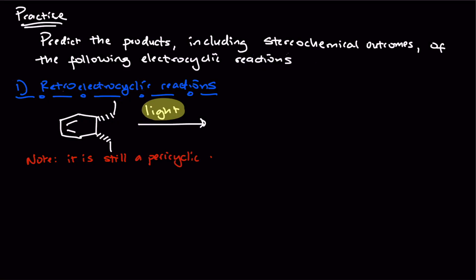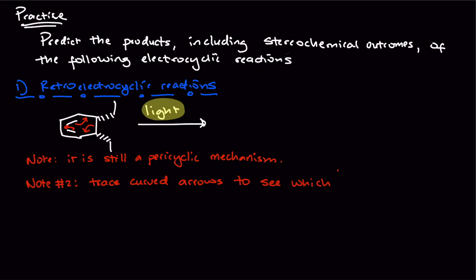And so just note that it's still a pericyclic mechanism, so you can draw those curved arrow mechanisms similarly. Just make sure you move the arrows around in the ring. Also, when you're tracing the curved arrows, make sure you know which bonds are forming and which bonds are breaking. This is really important because you need to be able to predict the constitution of your product in this reaction.